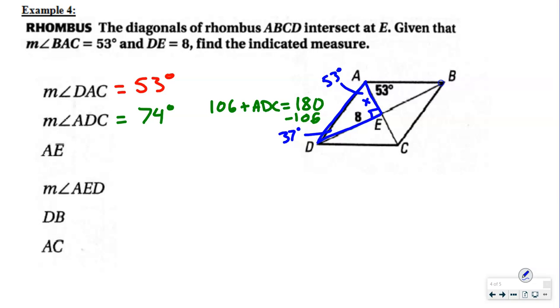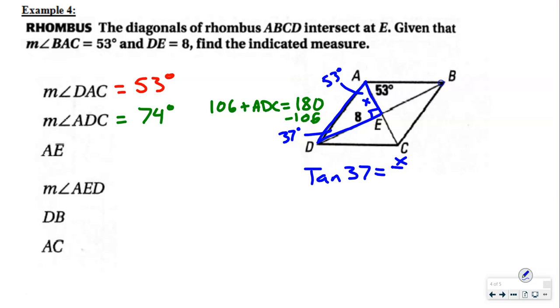So looking at what we have, we don't know anything about our hypotenuse. That would be the outside side there. But we do have our two legs, 8 and x. So depending on which angle we use, we'll still use tangent, but that'll determine which one is opposite and which is adjacent. So if I use 37, it's the smaller angle right here, so I'll use tangent 37 equals opposite over adjacent.